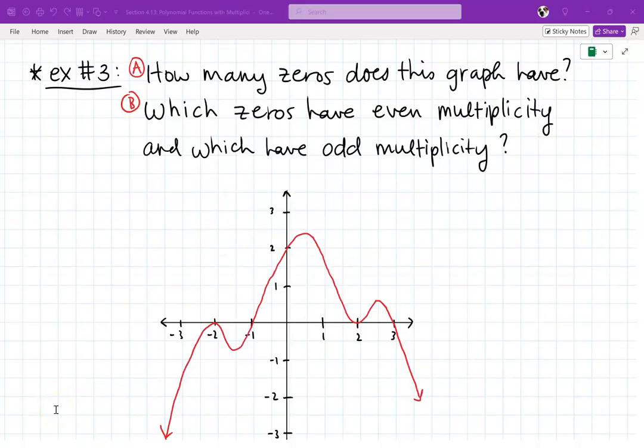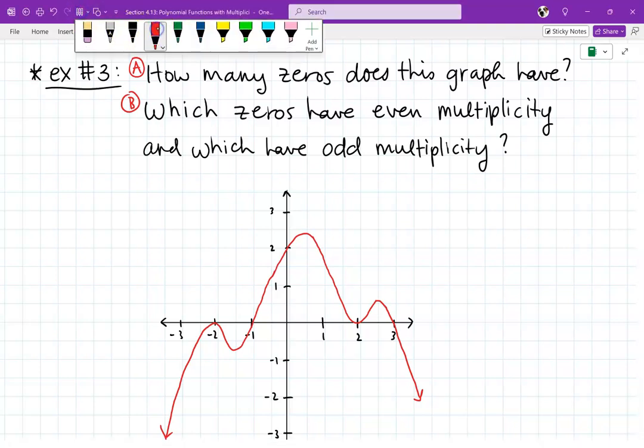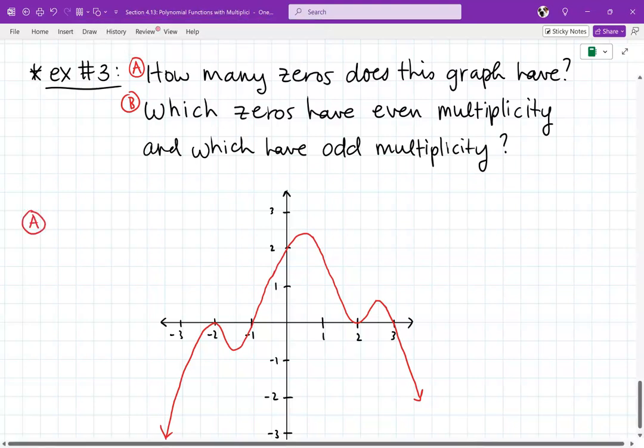All right, so for example number 3, I ask you 2 different questions. How many zeros does this graph have? And which zeros have even multiplicity? Which ones have odd multiplicity? So for part A, when I ask you how many zeros does it have, I'm going to list them right now. So part A, the number of zeros, there's 4 of them.